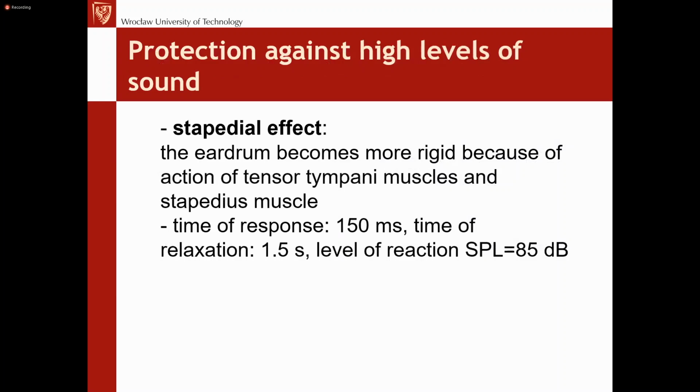Protection against high levels of sound is mainly based on the stapedial effect.